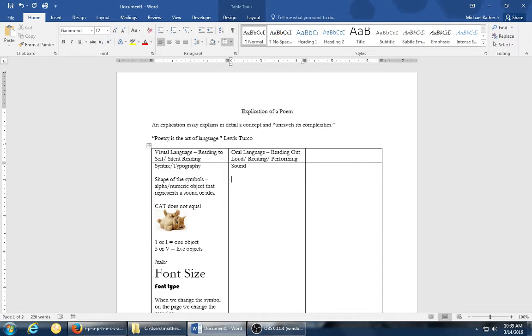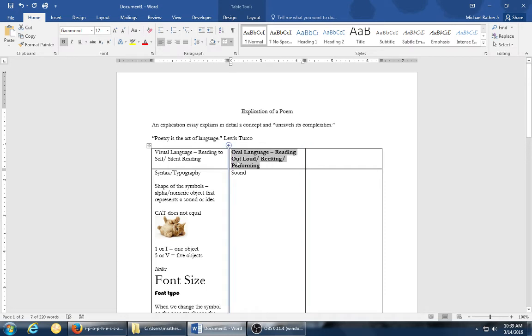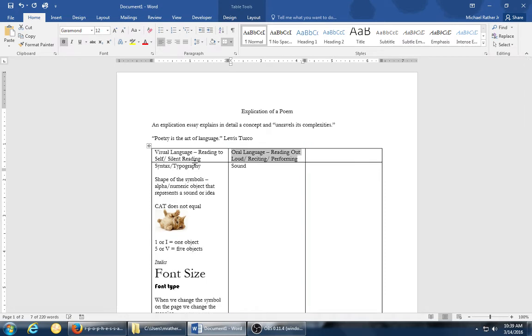Remember, poetry was originally principally dealt with in this way. That's why it's one of the oldest literary forms. This oral language was the original concern of poetry, and that's why so often when we think about poetry, what we think about is the sound of it. So there's some terminology in here that I think is really important to understand when you are analyzing poems.